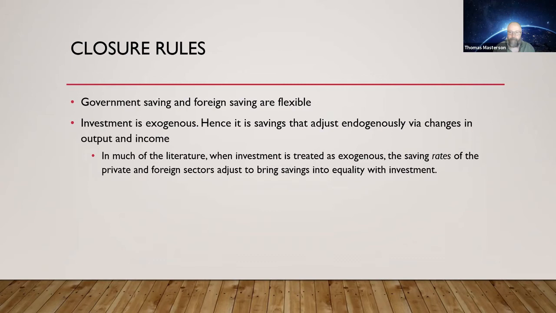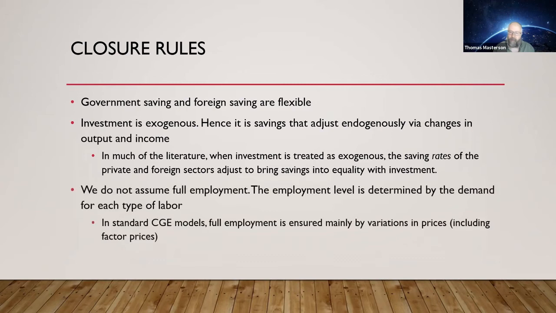And importantly, we don't assume full employment. In standard CGE models, you assume there's going to be full employment by assuming that variations in prices are going to be the thing that balances out the system. But we're not doing that.